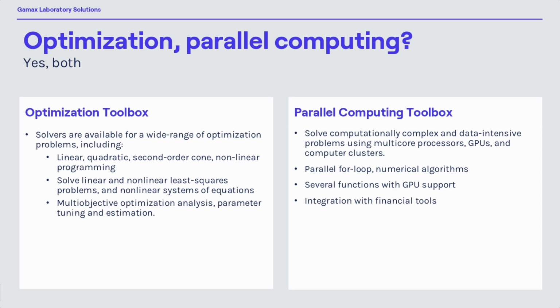It is also included in the optimization toolbox, as well as the parallel computing toolbox, which is the last that I'm going to discuss with you in this part, which enables us to solve computationally complex, data-intensive problems on multi-core processors.